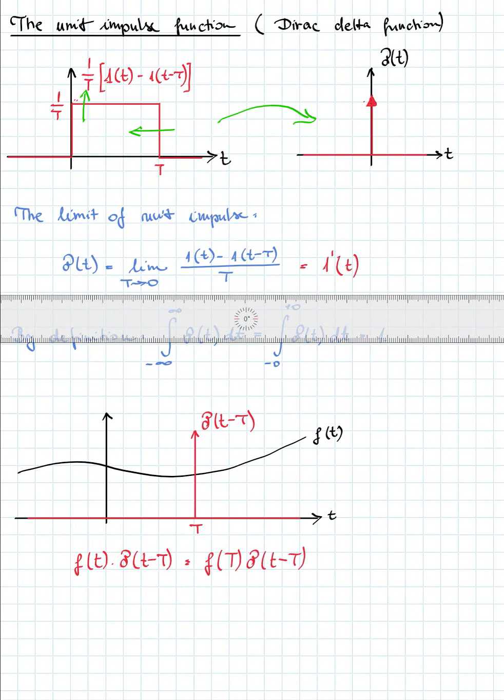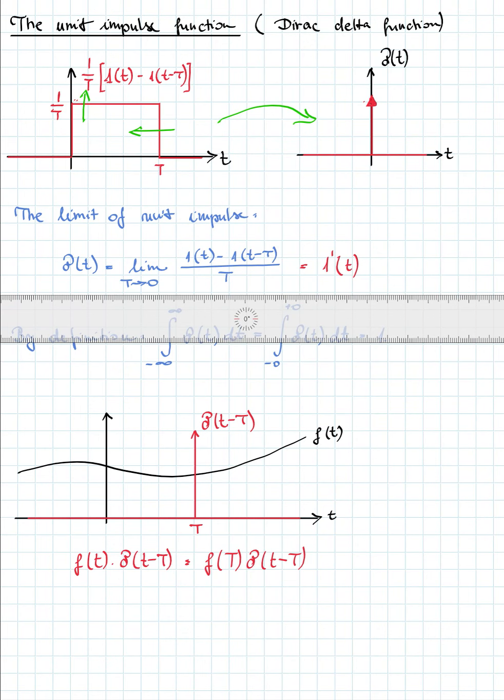So we can write the following. The delta t, the Greek letter delta, is used for the Dirac delta function. The delta t is equal to the limit of the window function, 1 of t minus 1 of t minus capital T over capital T, as capital T goes to 0. And this is the Dirac delta function by definition.